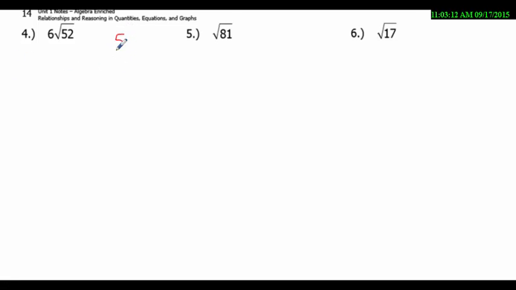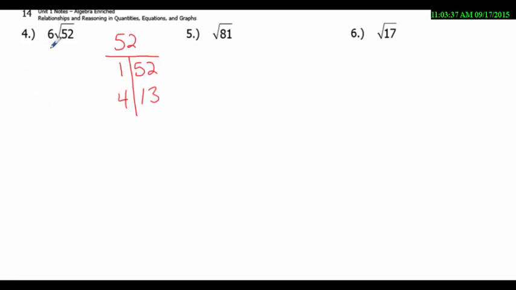Okay, with number 4, what you should have done is you should have looked for perfect squares that 52 is divisible by. Because it's not a perfect square, you can't just take the square root right off the bat, so we have to simplify it. The only perfect squares it is divisible by are 1, and you get 52, and 4, and you get 13.